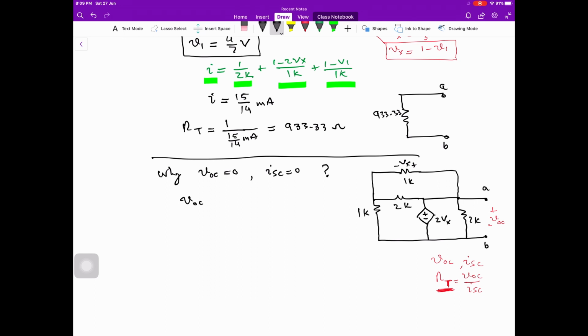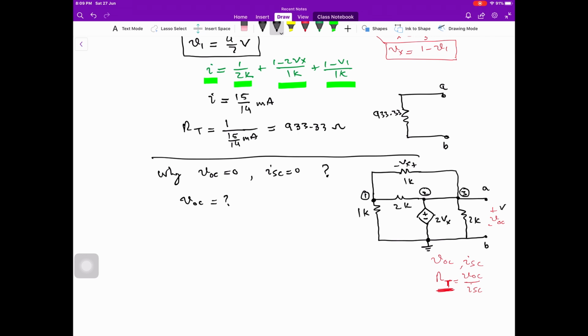What is VOC over here? In finding VOC, if we select the node voltage method and we identify nodes, this is node 1, this is node 2, and this is node 3, and V3 is equal to V open circuit.